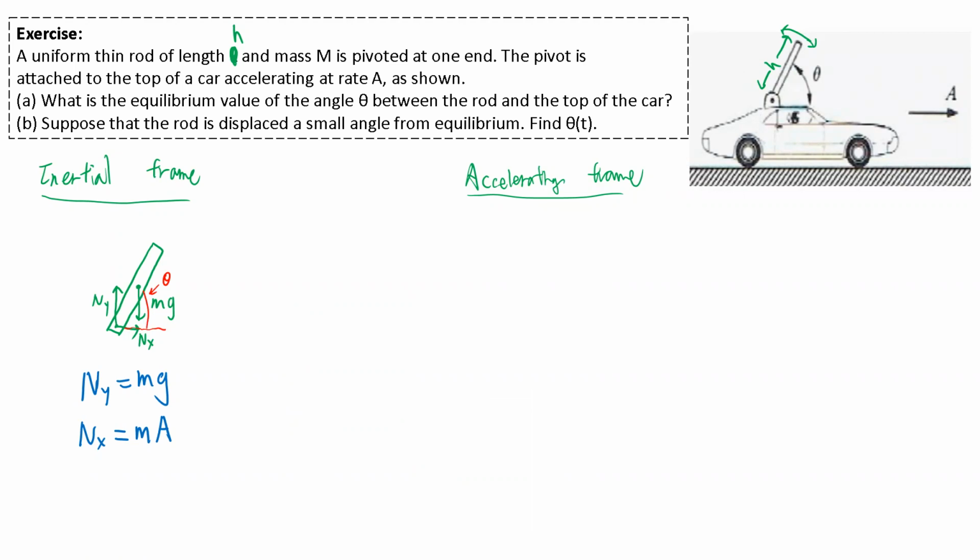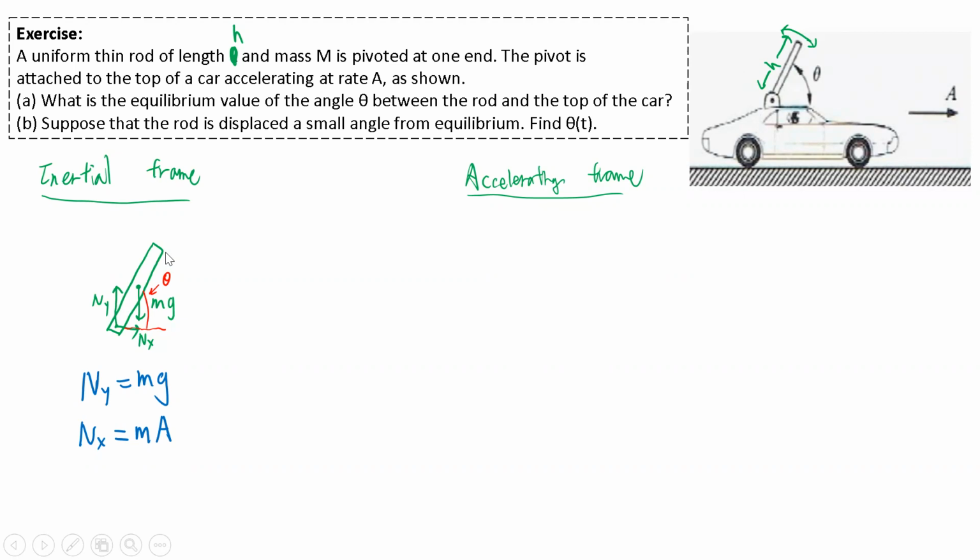Now, for it to be at the so-called equilibrium, that means the rod is not rotating, right? So we want to consider the torque acting on this rod. One thing to be careful about: when we say this is not rotating, it does not have any angular acceleration, I should say. Then the torque acting on this rod is 0.